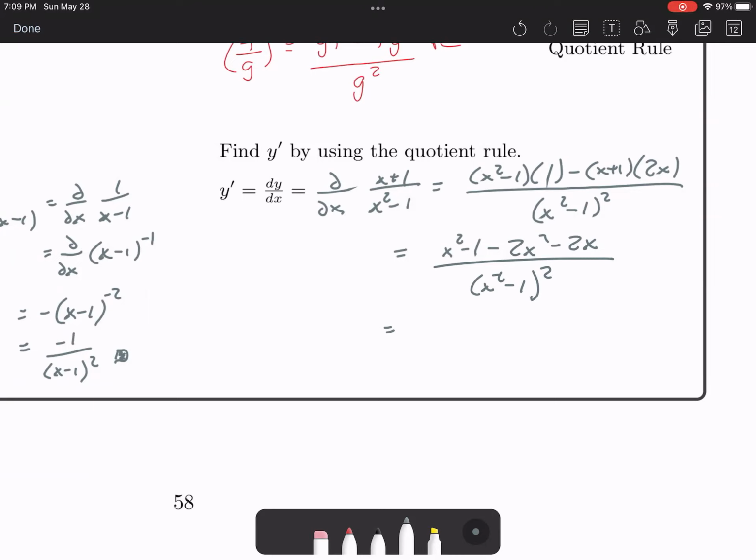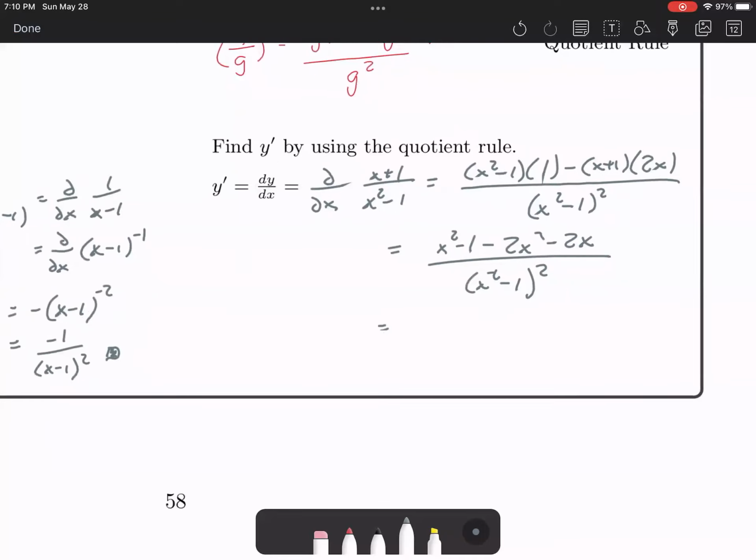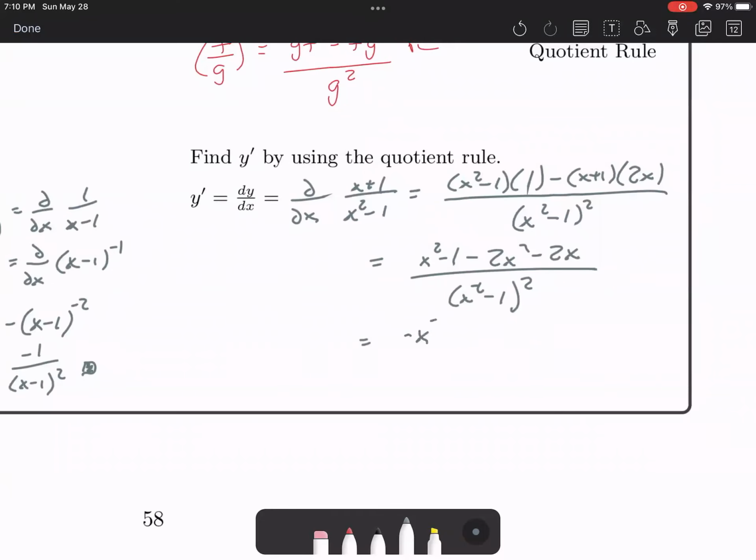X squared minus 2x squared gives us a minus x squared. And then minus 2x minus 1 over x squared minus 1 squared.